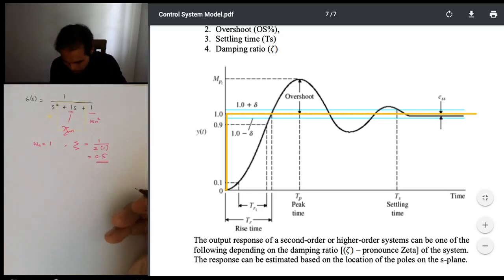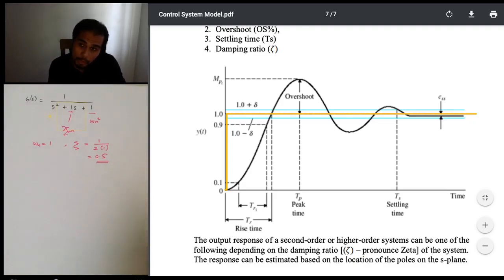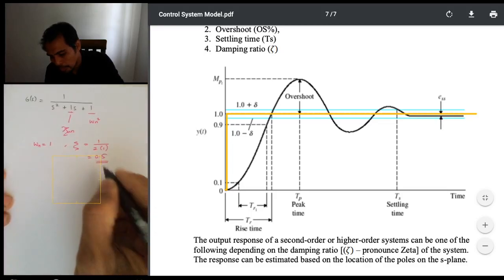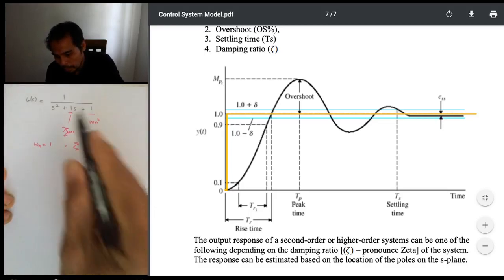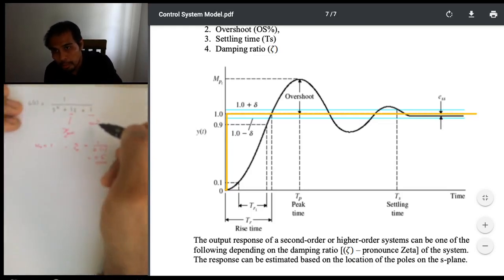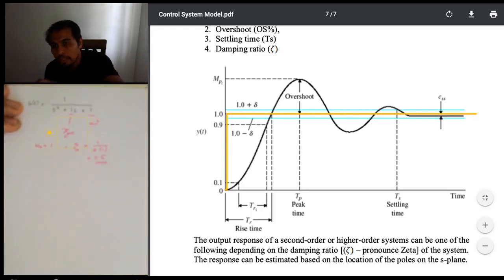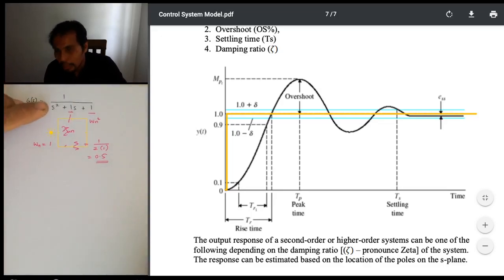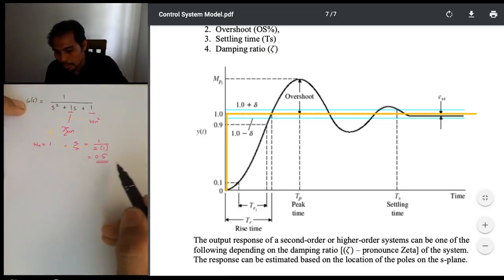If we refer back to the damping ratio table, 0.5 gives complex roots, and it is true if you factor this, you get complex roots. So now we know that this system is underdamped.